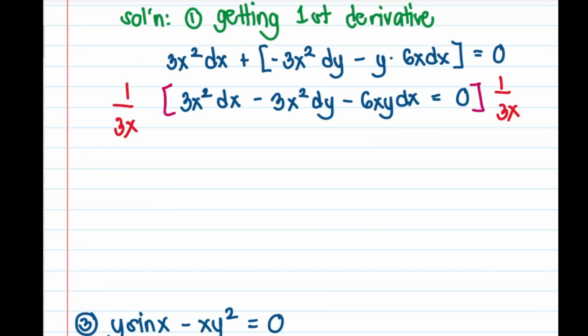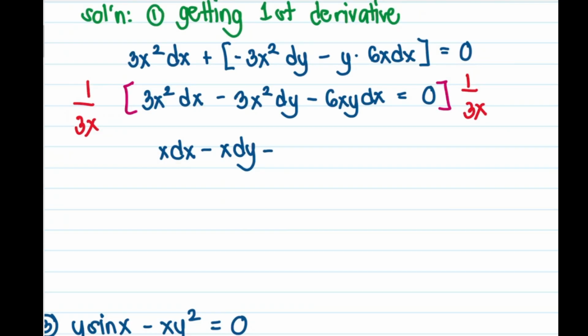So dividing both sides by 3x, it will yield x dx, this one will be negative x dy. Then the other one here will be negative 2y dx only, because x will be eliminated already.